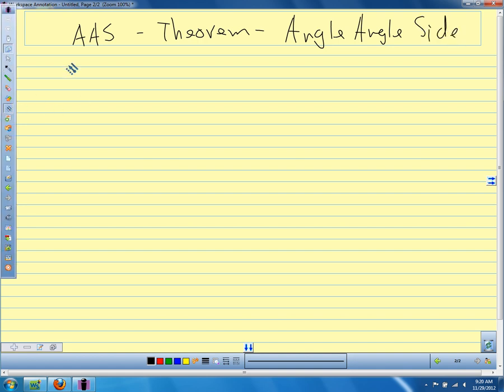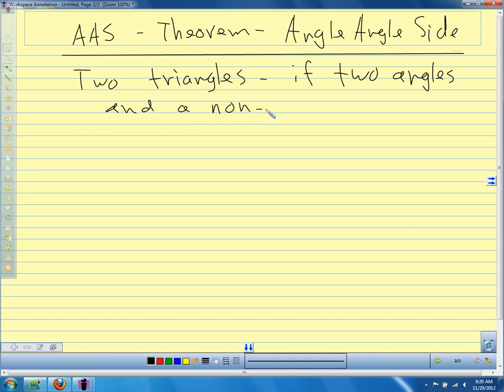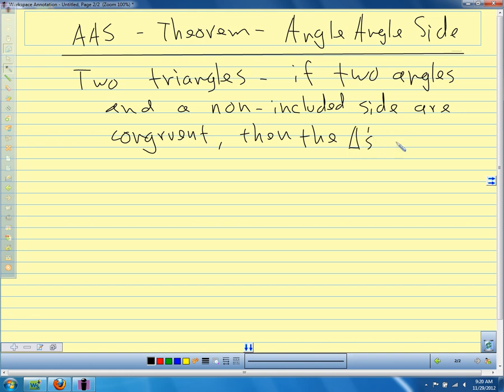So just like we had before, we have two triangles. If two angles and a non-included side, or side isn't between the angles, are congruent, then the triangles are congruent.